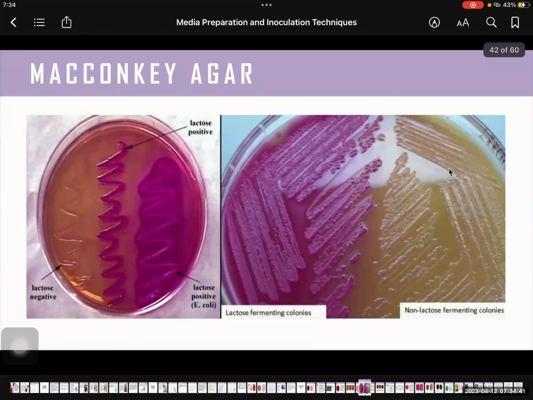At a lower pH, at around 4.4, neutral red assumes a red or pinkish color, as you can see from the image. Therefore, if the organism produced acids through the fermentation of lactose, the pH will shift to a lower pH. Therefore, we will see the pinkish or reddish color of the colony.